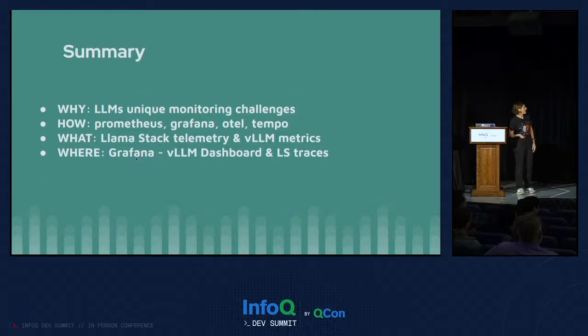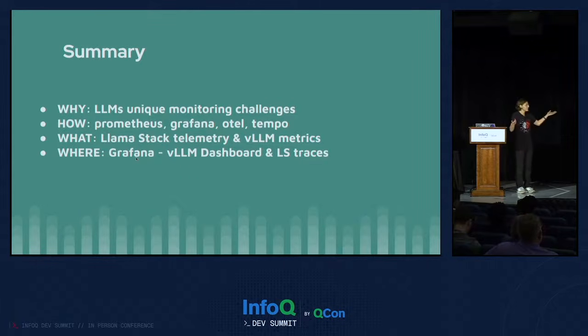And so I hope we talked about why LLMs are unique and what the monitoring challenges of them are. They're non-uniform, they're non-deterministic, so the same inputs you put in, you'll get a different output every time, which we saw when I was trying to trigger the safety features of Llama Stack. And then how do you monitor them?